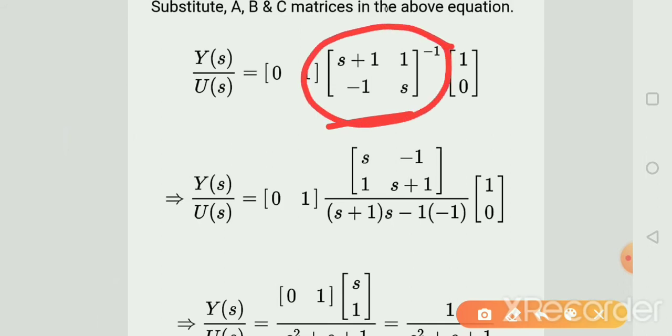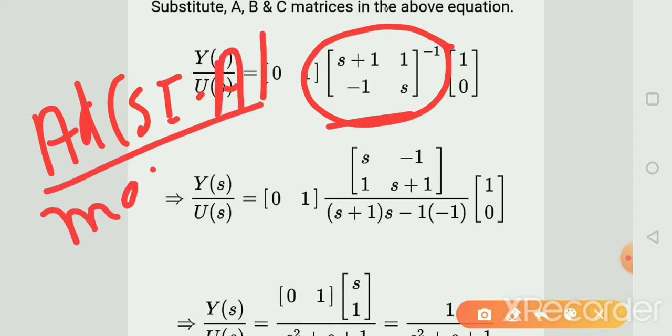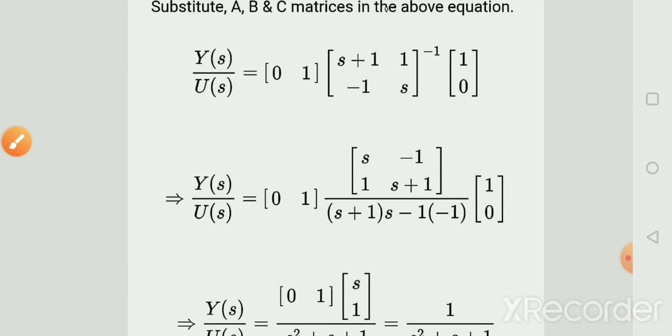We know that the formula for the inverse is the adjoint of (sI minus A) over the modulus of (sI minus A). Okay, so you know very well how we get the modulus of any matrix.